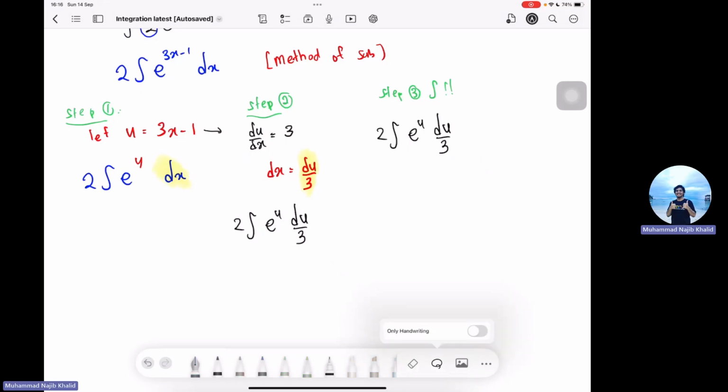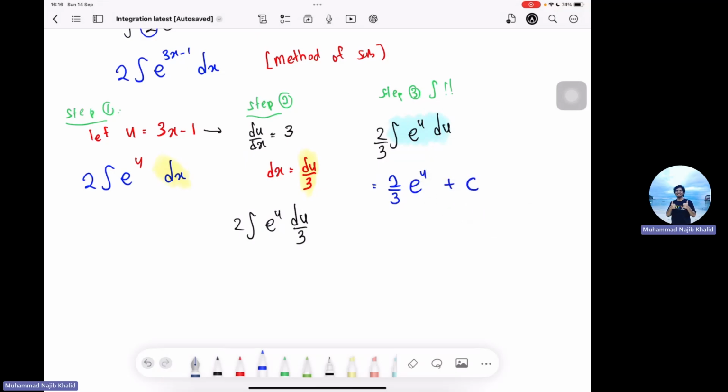I want to bring the 1 over 3 outside, so it becomes 2 over 3 times the integral of e^u du. From the last lesson, we know that integrating e^u with respect to u gives e^u again. So we have the answer equal to 2 over 3, our constant, times e^u plus c.